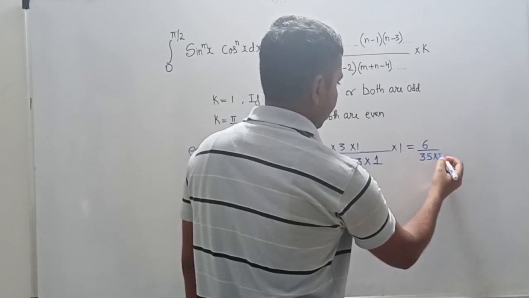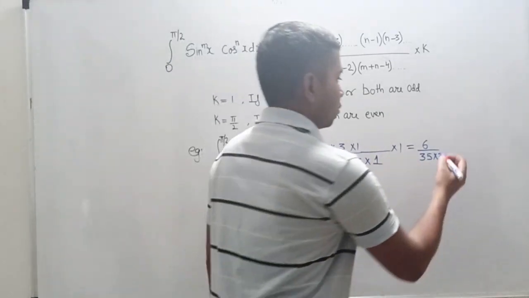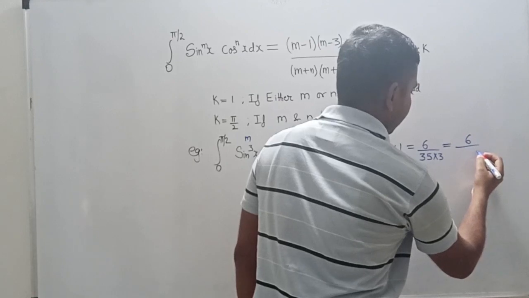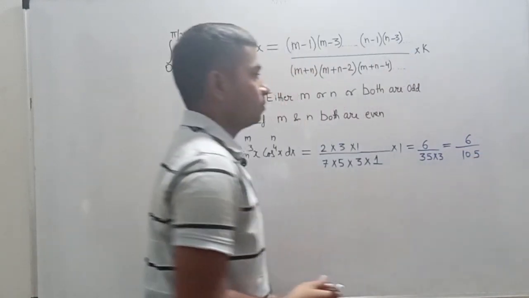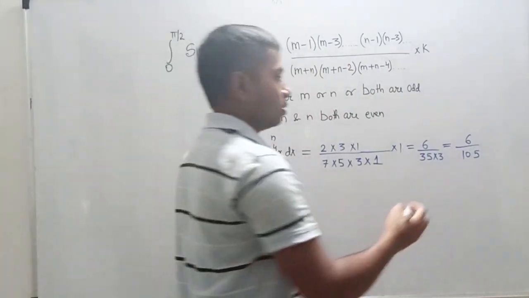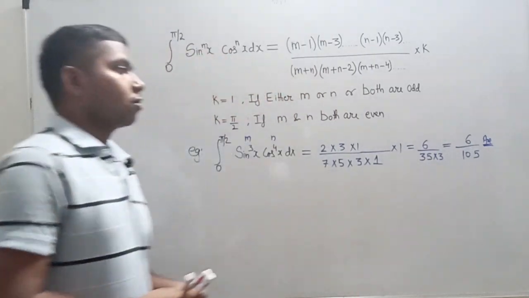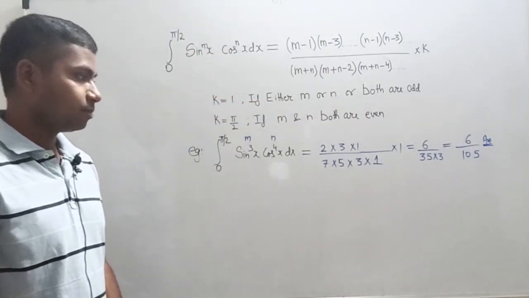If you multiply this value, you will get the answer, or it will become 105. So this will be your answer. So students, please note down this question. We will see one more example.